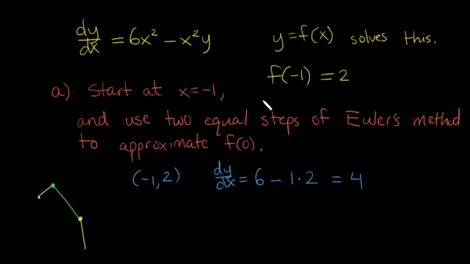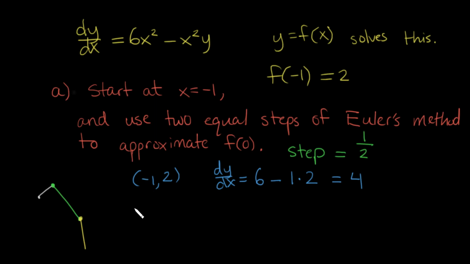Well, if we're going to be taking 2 equal steps, as we discussed earlier, this means that each step is going to equal, well, getting from negative 1 to 0 is a step size of 1. So that means 2 steps, step size of 1/2. So our next point is going to be at negative 1 plus 1/2, which is negative 1/2, going halfway to 0.